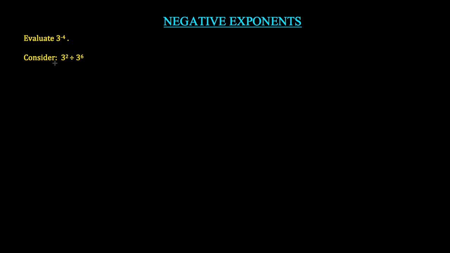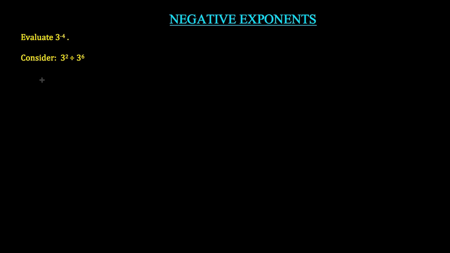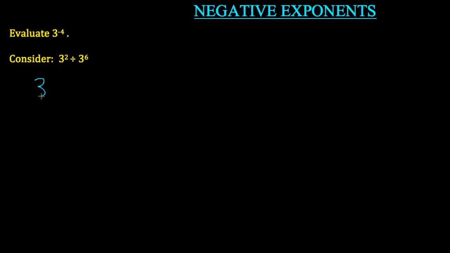So we're going to begin, in this case, by looking at 3 to the exponent 2 divided by 3 to the exponent 6. And I'm going to use our division of powers to examine this question. I write 3 to the exponent 2 divided by 3 to the exponent 6, and I apply the rule that says when dividing two powers with the same base, keep the base the same, subtract the exponents.